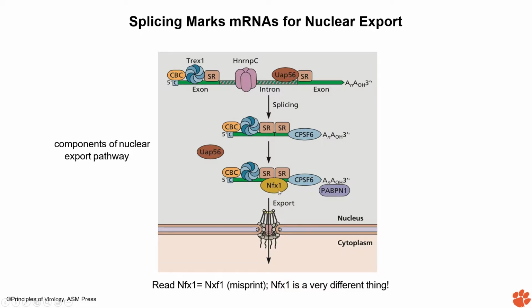So this is NXF1, and you will read it as NXF, not NFX, nuclear export factor. That's very easy to remember. That is the only one that you need to remember. So take-home message: after splicing, a lot of protein complexes home in on the splice site. That recruits a nuclear export factor, which is basically, think about that, an adapter protein.